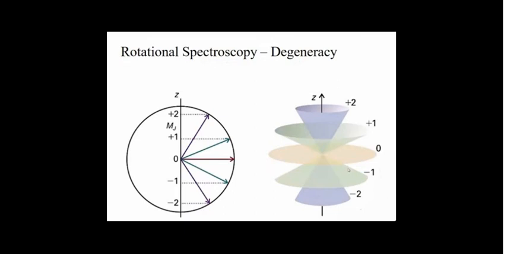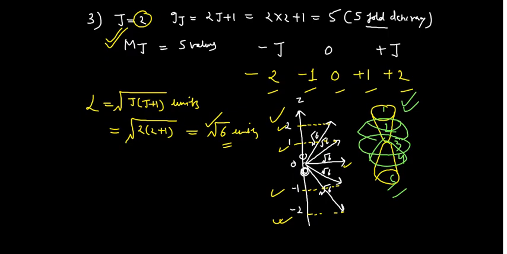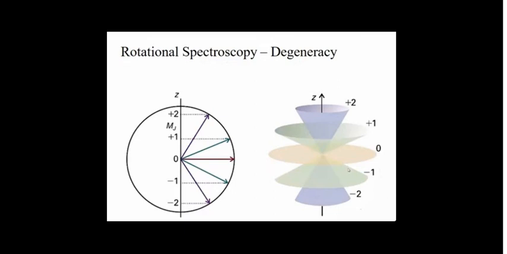Now you can check how we can show these things. Whatever I have drawn in the previous page, these two are this one and this one. In the picture you can see this is +2, this is +1, 0, -1, -2, all having the same magnitude of under root 6, which is the magnitude of your angular momentum.